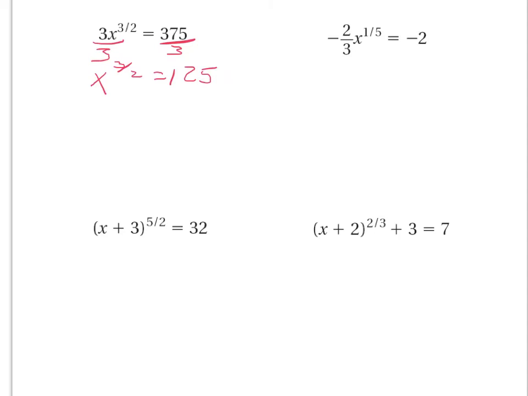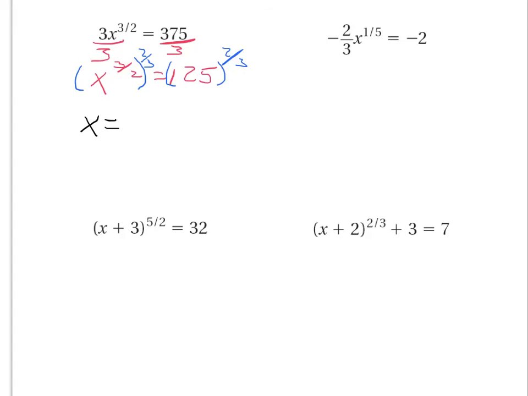Now this is where it gets a little bit different. When you have a rational exponent like this 3 halves here, the best way to get rid of that is to take the reciprocal exponent to both sides. So to both sides, I'm going to do the reciprocal, 2/3 power. 3 halves times 2/3, they're just going to get rid of each other and leave an x.